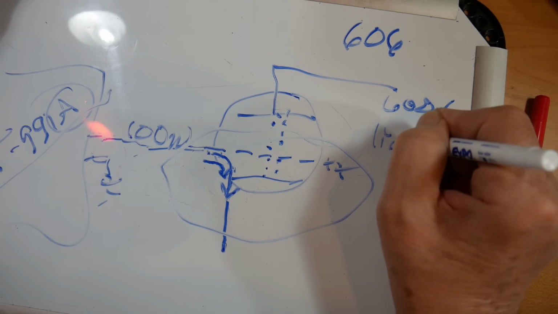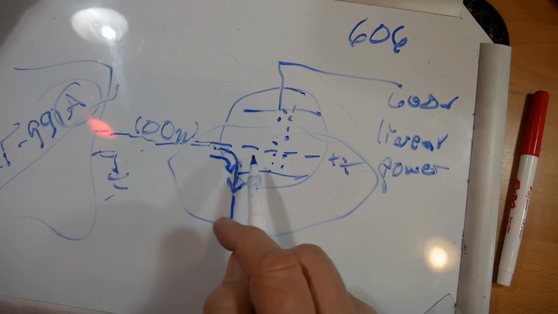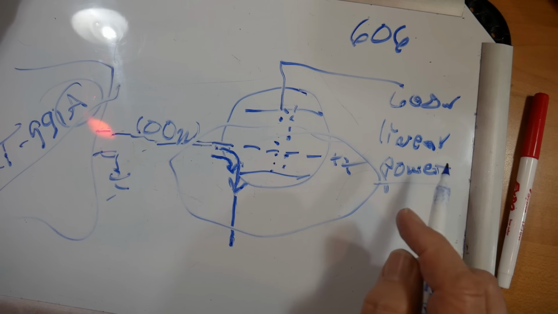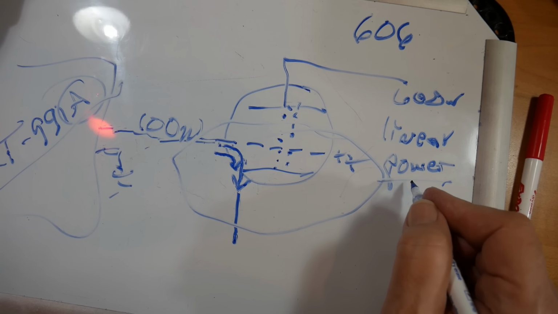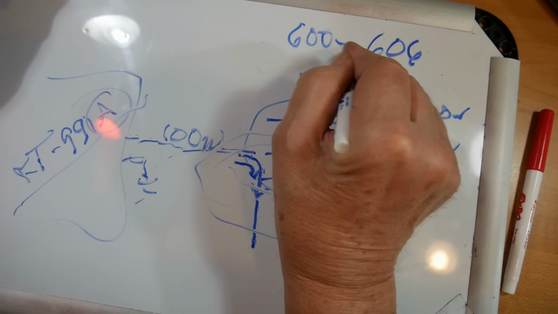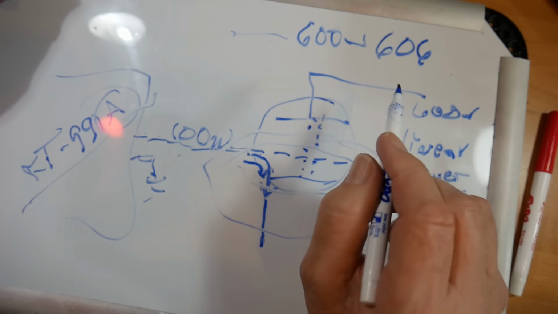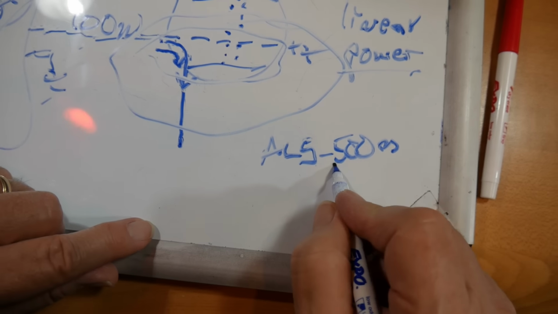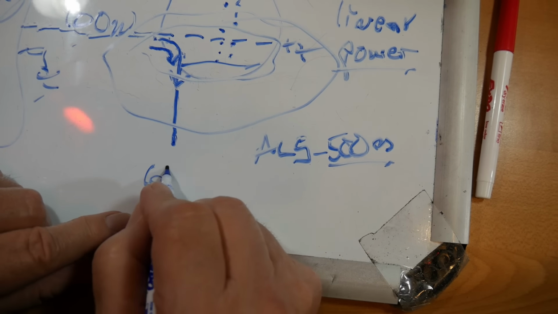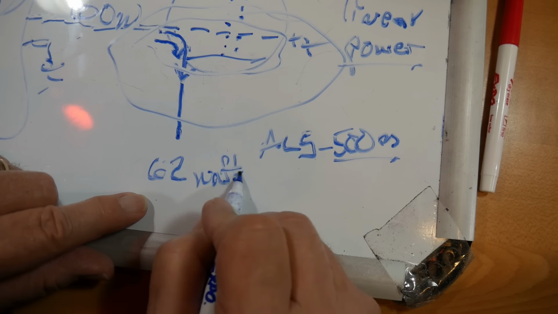Now, this is a linear amplifier, but it's also a power amplifier. It's not multiplying voltage, it's multiplying power, which is both voltage and current, and they are being dissipated in here. Being a linear amplifier, to get 600 watts out, you have to put in some certain amount. I happen to have the ALS-500M. In order to drive this to the full power output, I have to put in 62, yes, I measured this, 62 watts.